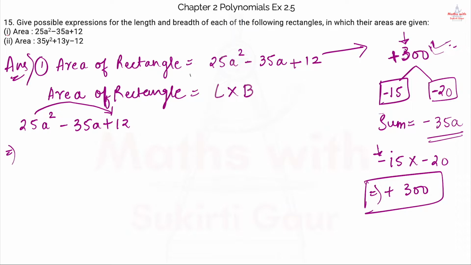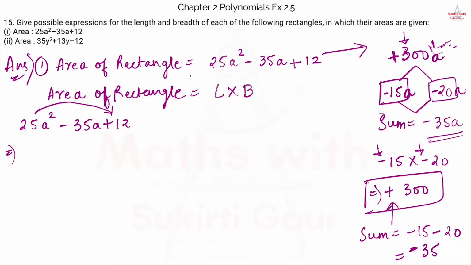Also I am giving them negative and negative such that they give us plus 300, right? And if I check the sum, they are also giving us minus 35.